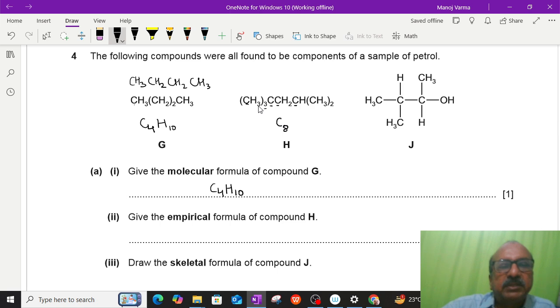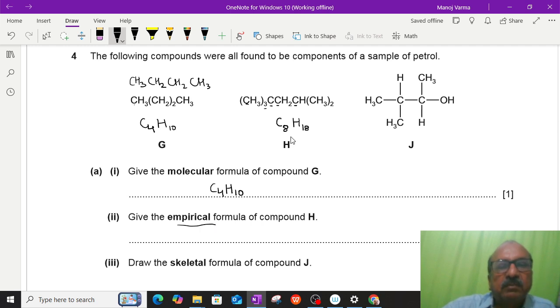Then how many hydrogens? 3 times 3 is 9, then 12, and 6, so 18. So I think this is C8H18, right? So this is the molecular formula, but they are asking for the empirical formula.